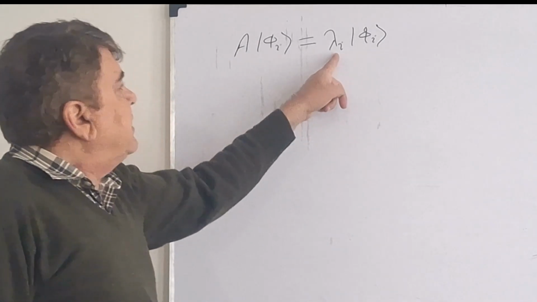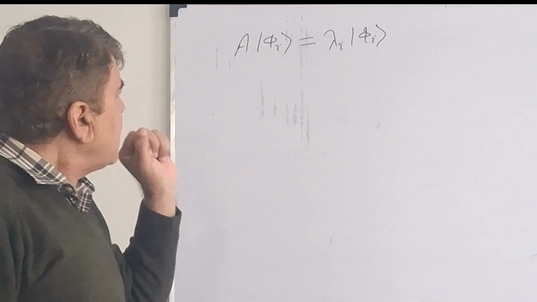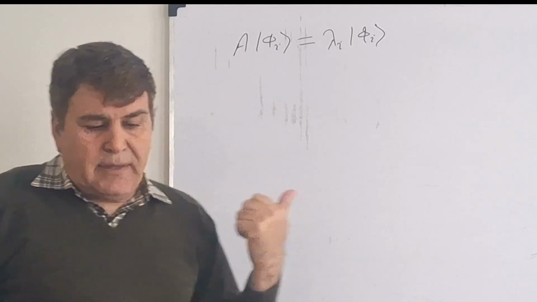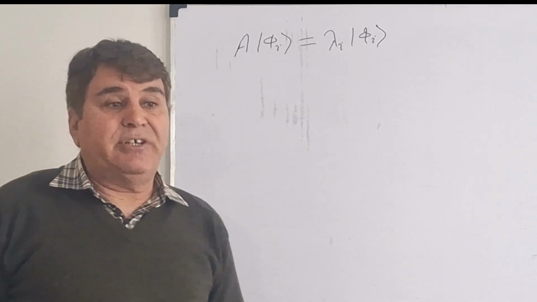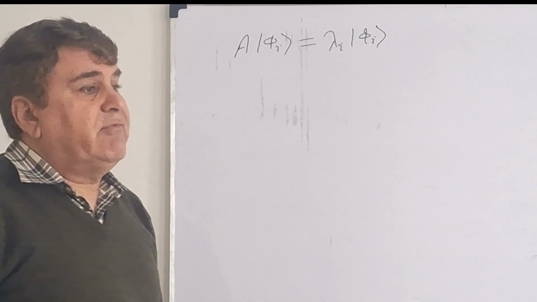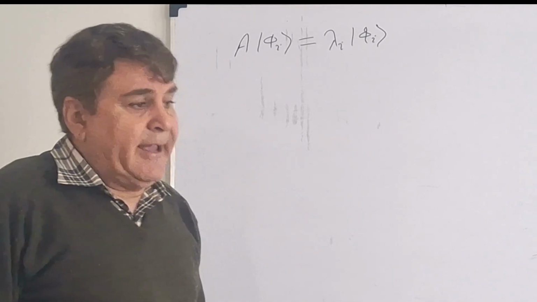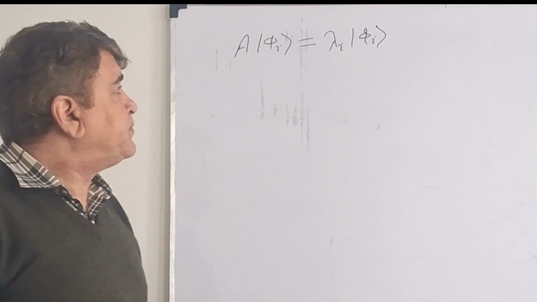The nature of this obviously depends on the operator A. I have another video on the eigenvalue equation whose link I'll add to the description of this video. If you are interested, you can watch that video as well, which explains other perspectives of the eigenvalue equation.